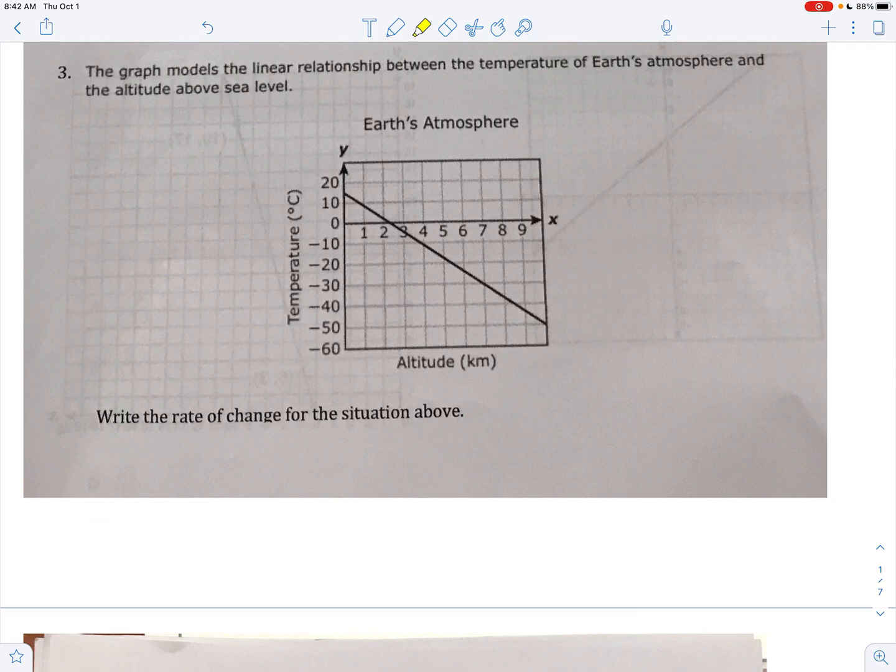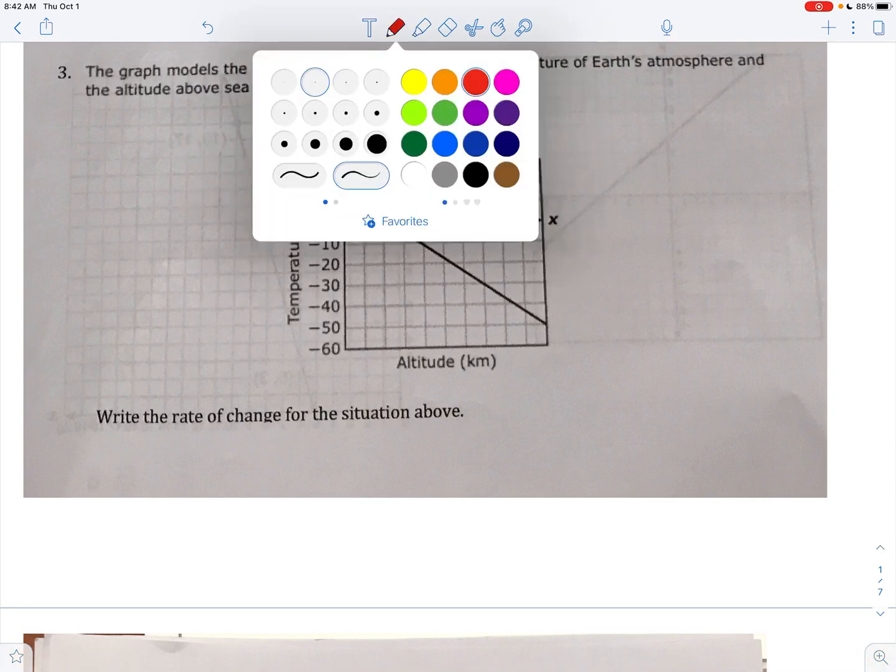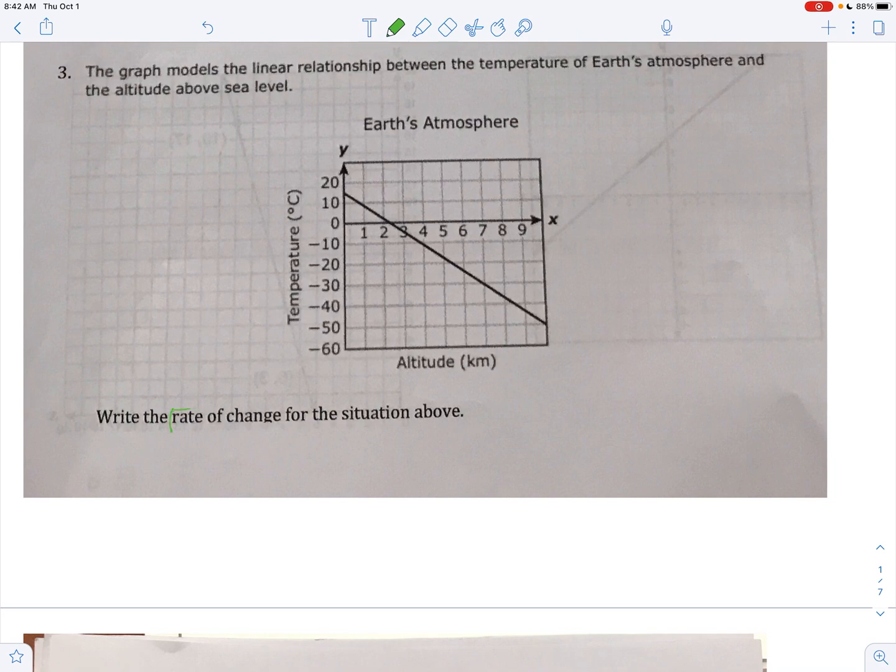For number 3, it says the graph models the linear relationship between the temperature of Earth's atmosphere and the altitude above sea level. Write the rate of change for the situation above. Well, what does rate of change mean? All right, rate of change means slope. So we need to find 2 for sure points on this graph, and then determine the slope between those 2 points.